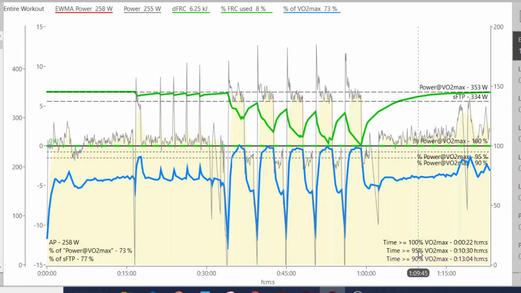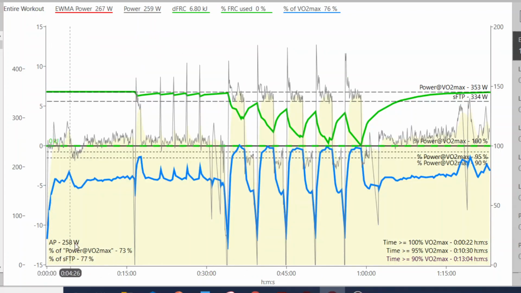I was looking for greater than or equal to 95% in this particular workout. So we got 10 minutes and 30 seconds, and that was off of 15 minutes of intervals. So that's an efficiency of about 66% during that time right there.